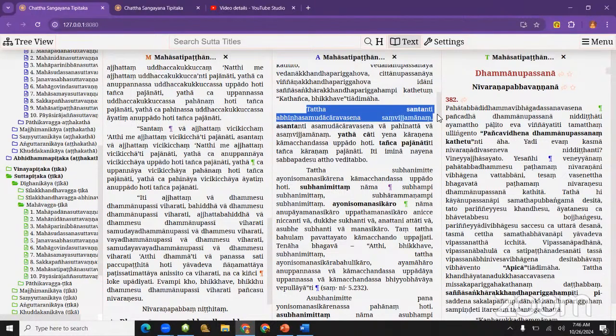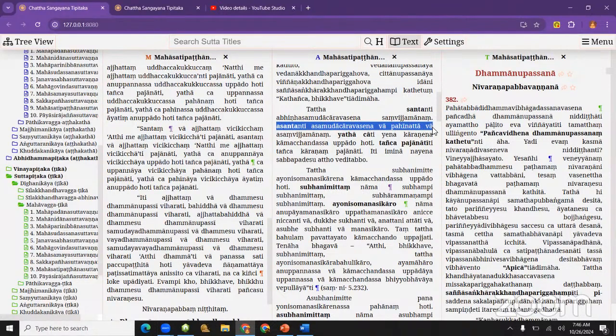That is what is called santa, or the present. Asanta then. Asantanti means not present. So asantanti asamudācāravasena vā pahīnattā vā asaṃvijjamānaṃ. What is the meaning of asanta? Asanta, one meaning is not existing owing to non-occurrence, or the other is pahīnattā. Pahīnattā means abandonment, because it is abandoned.